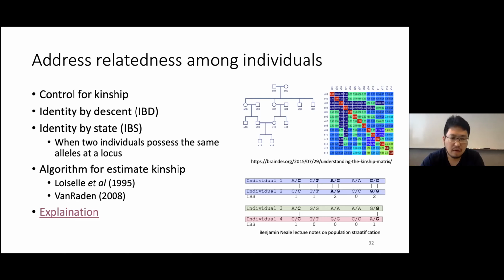There are multiple algorithms for estimating kinship. I also include a link here for how to calculate the IBD and IBS kinship matrix, and you can check this after the workshop if you're interested.